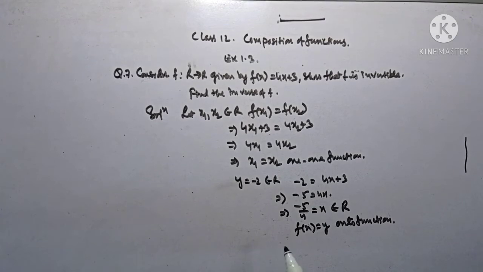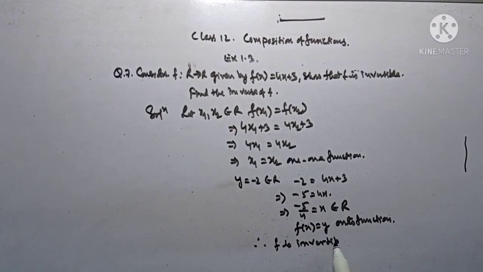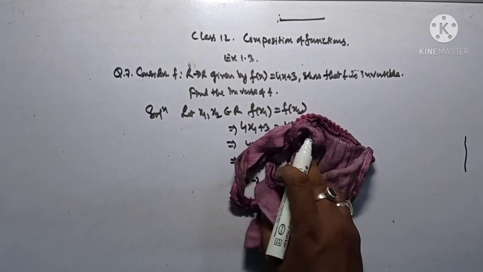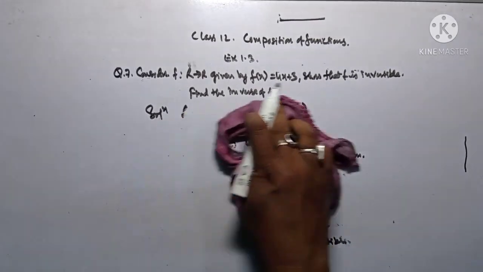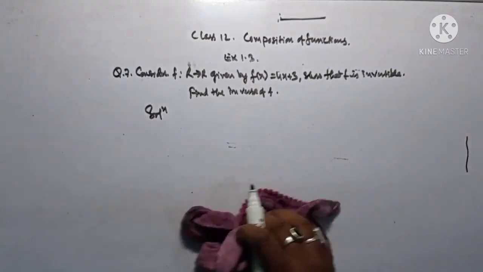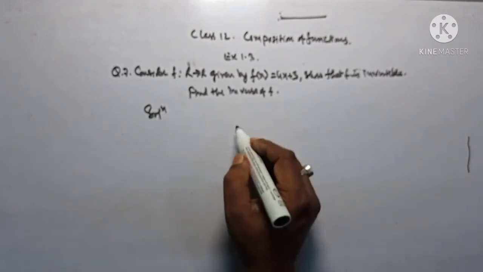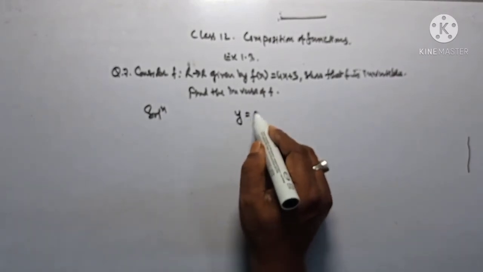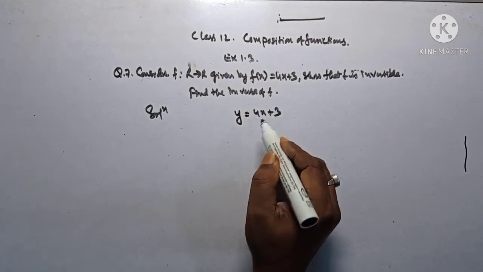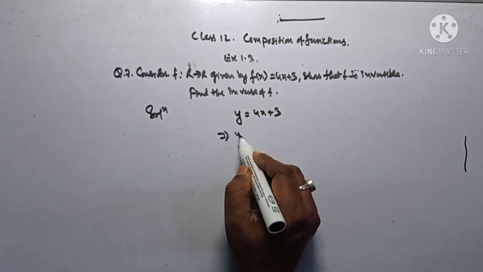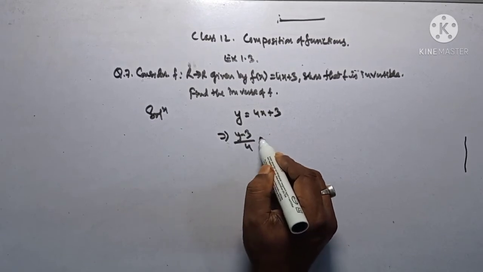It is invertible, therefore f is invertible. Now we have to find the inverse. So to find the inverse, let y is equal to 4x plus 3. So y minus 3 by 4 is equal to x.